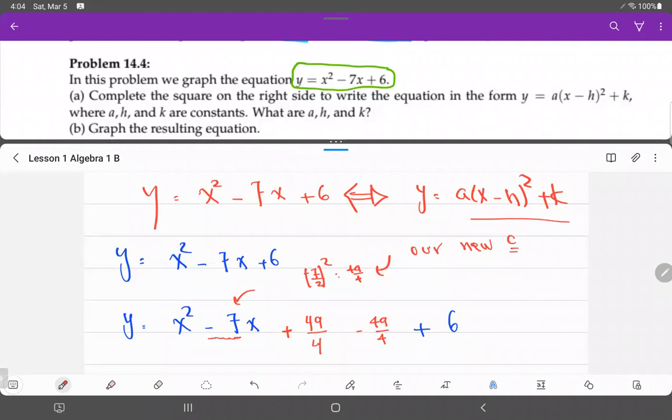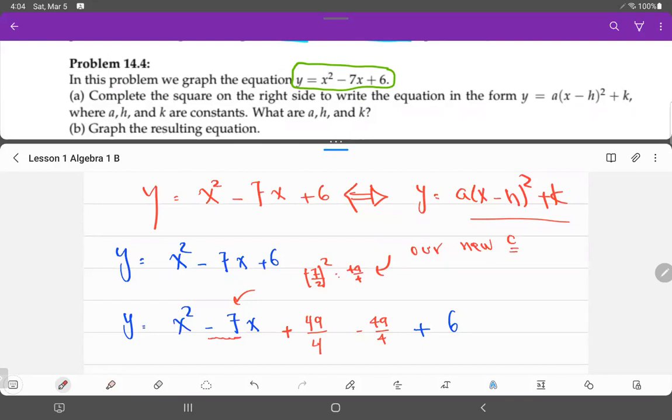We are adding something and subtracting the same thing to the equation. So nobody gets hurt. We did not change anything. We just added 0, nothing. Do you agree?